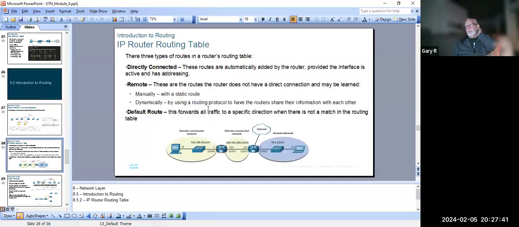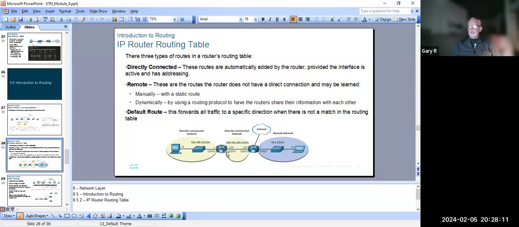There are different ways that we learn about routes and different types of routes. When I activate an interface on a router, I give it an IP address and I do a no shut. Because I put a mask with that IP address, the router then learns that out this interface, in this case, the 192.168.10 network is out here, and it can put that in its routing table.